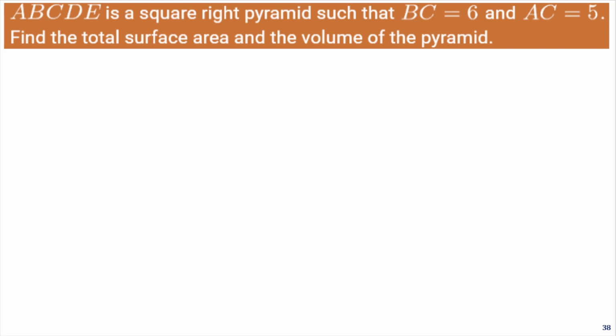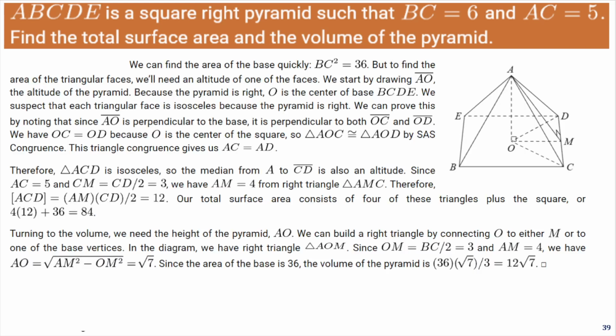Have you finished? Okay, first, you can find the area of the base quickly. BC squared equals 36, right? The base is very easy, but to find the area of the triangular faces, we'll need the altitude of one of its faces. We start by drawing AO, the altitude of the pyramid.